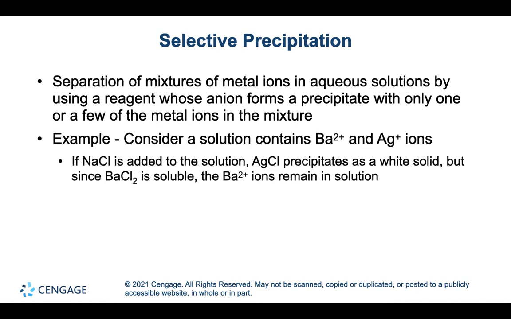Now, taking advantage of the fact that different positive ions will have different KSPs and different solubilities with the same negative ion, you can strategically use the addition of something like sodium chloride or sodium carbonate, with a metal ion like sodium that's soluble.